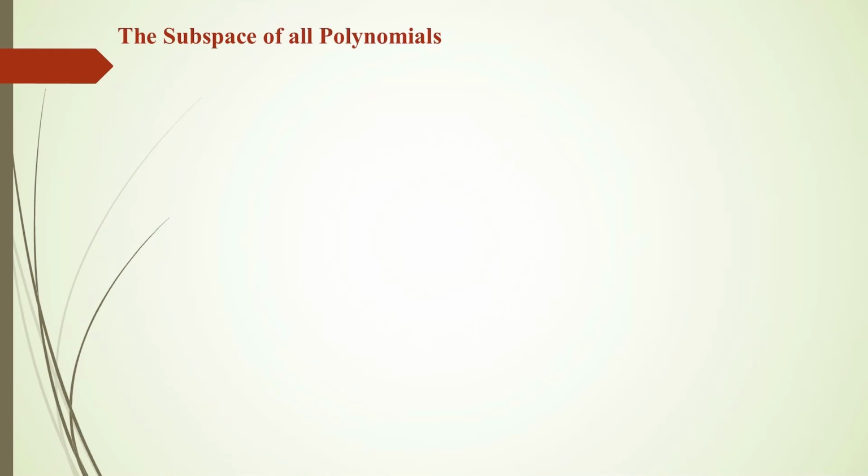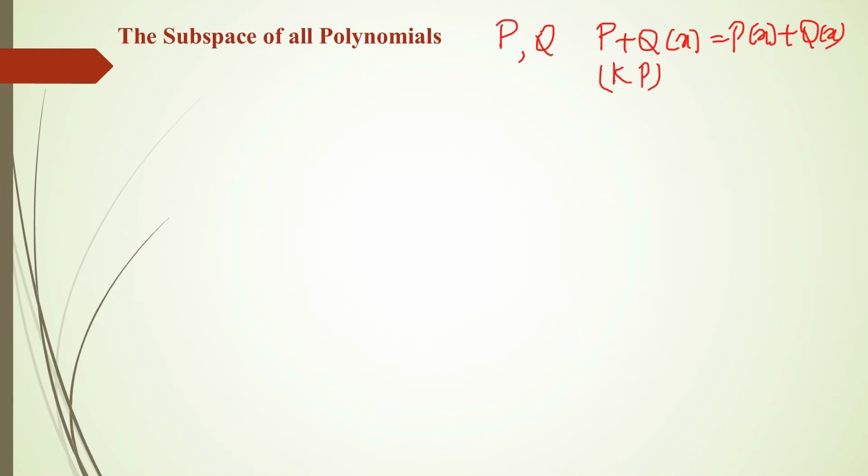Now we are considering the space of all polynomials. It forms a vector space under the usual addition. Suppose P and Q are two polynomials, then P plus Q at x is defined as P(x) plus Q(x), and a constant times P is defined as the constant times P(x).